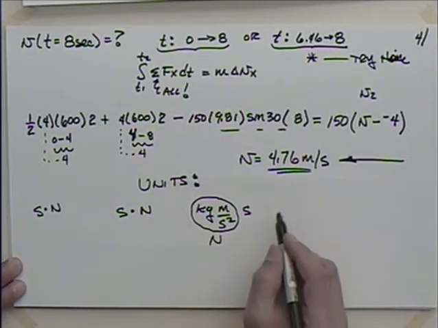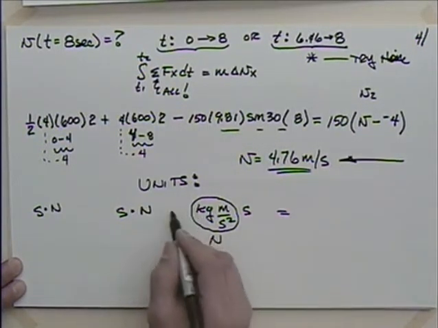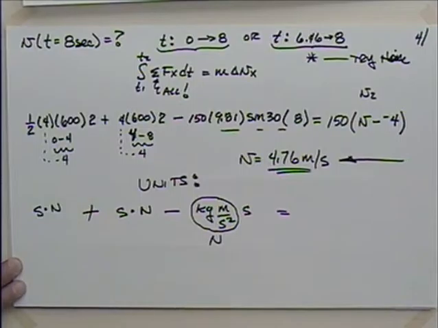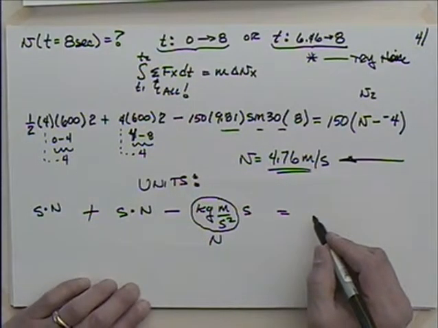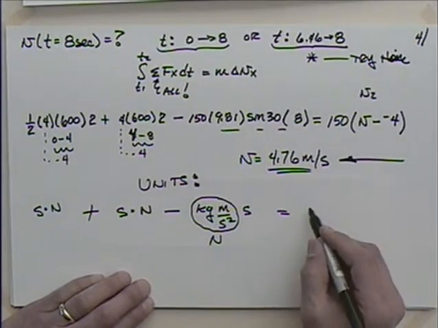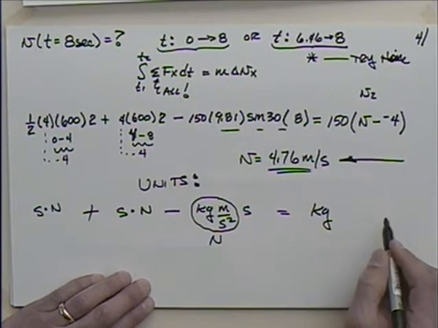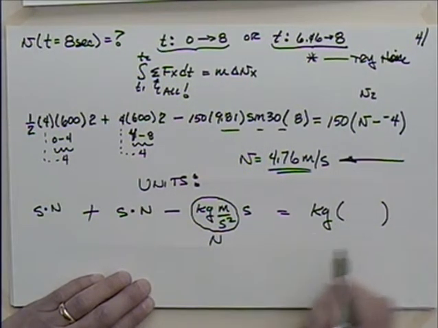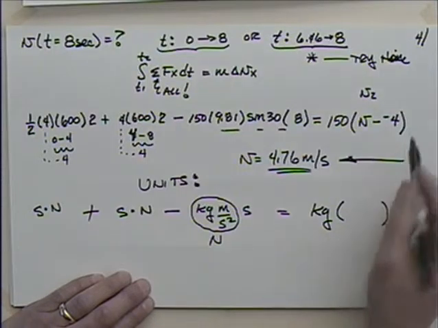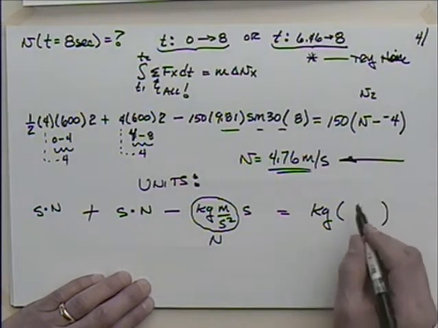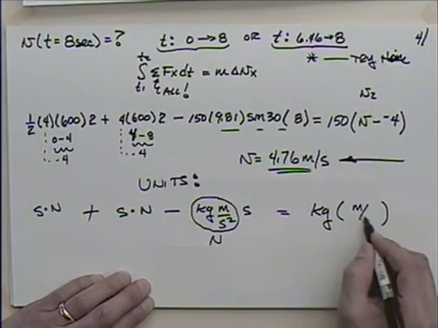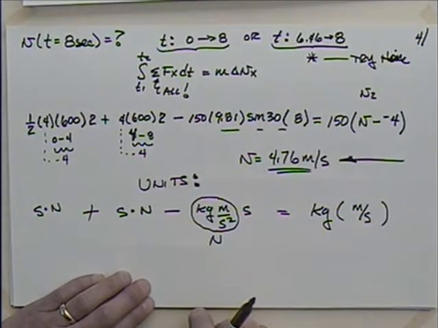So newton times seconds, that's good. This was minus, this was plus. Then over here we had 150 kilograms, and inside the parentheses, this was what, 4 meters per second. I got my answers in meters per second, so I would have meters per second.